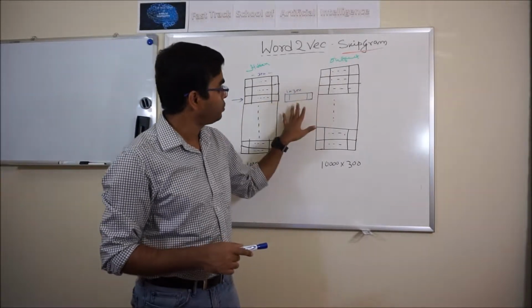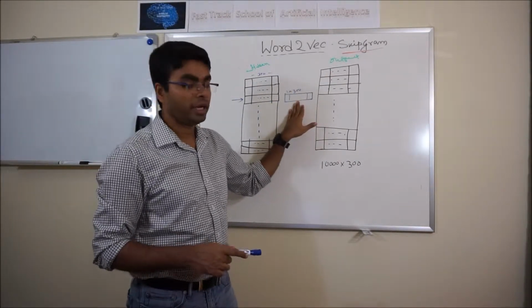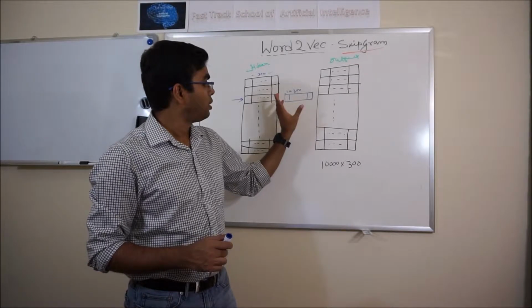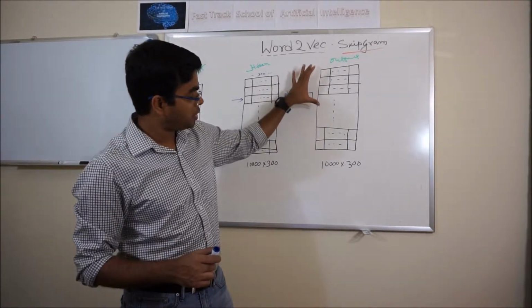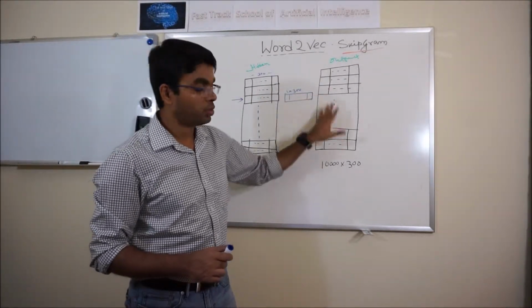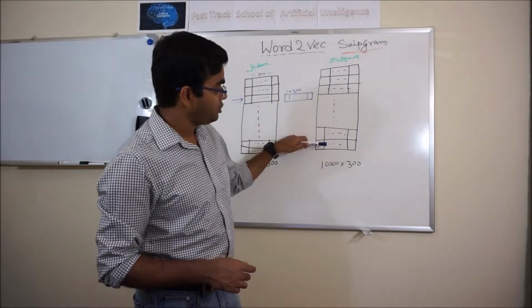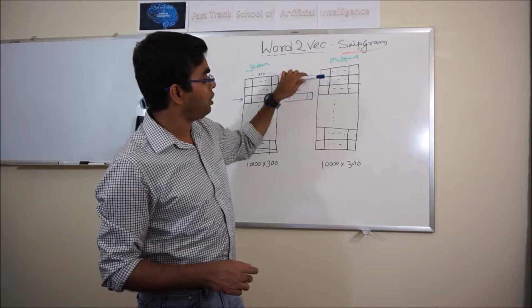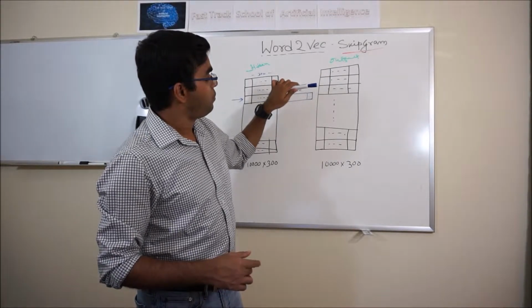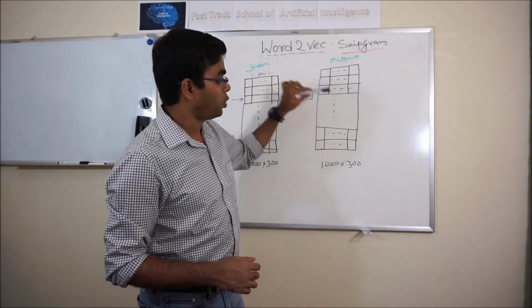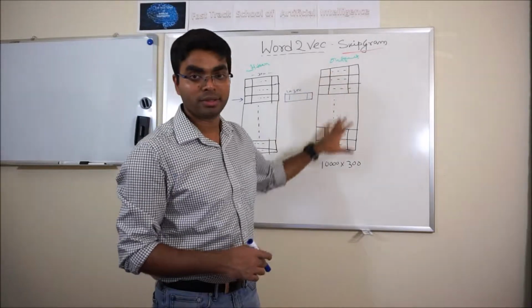Now we are going to multiply this 1 into 300 vector with all the 10,000 words' weights. Each of these individual vocabulary words has some weights.